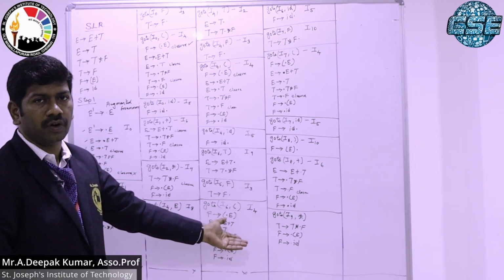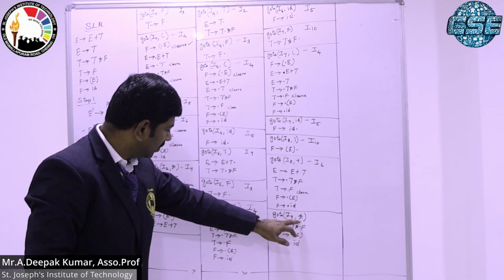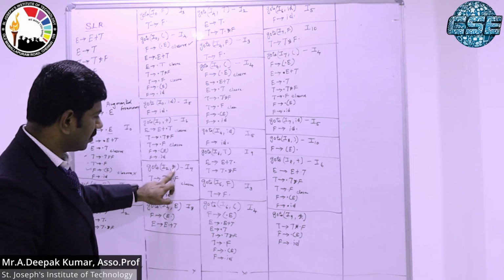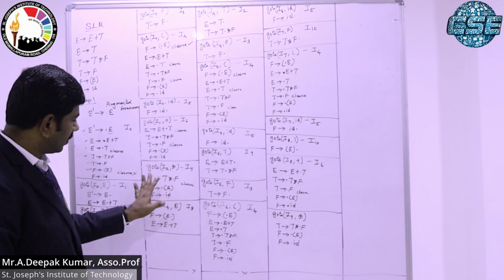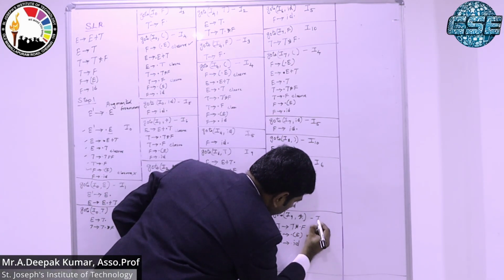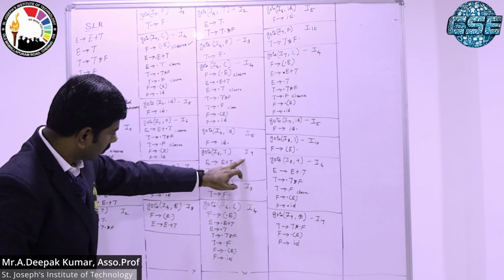Okay, the closure is not applicable here, so we can close it. As I told you, you can just check for the star symbols. Where we have a star symbol, yes, we have a star symbol here. Now check only for these productions, yes, both were same. So I will name this as I7. Okay, now I am done with I9 also.